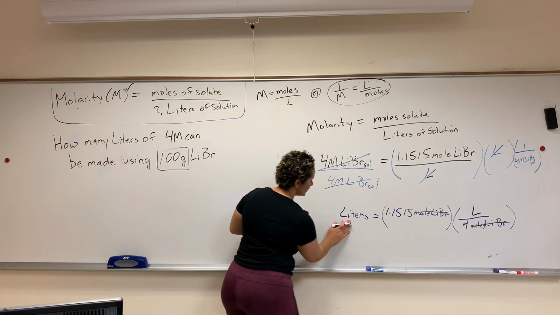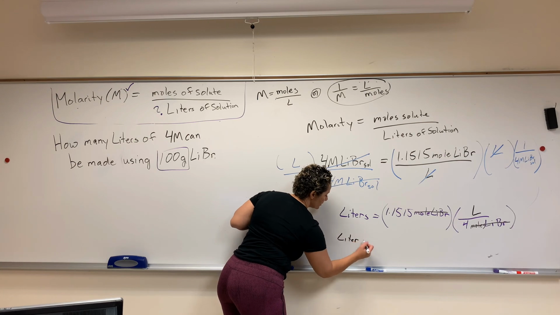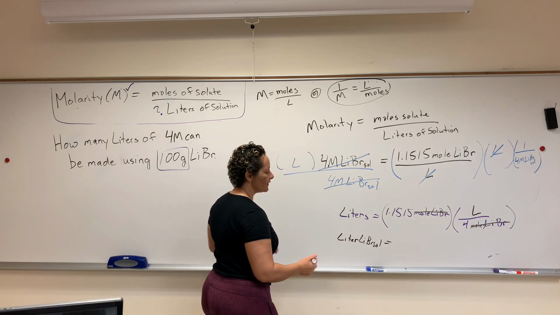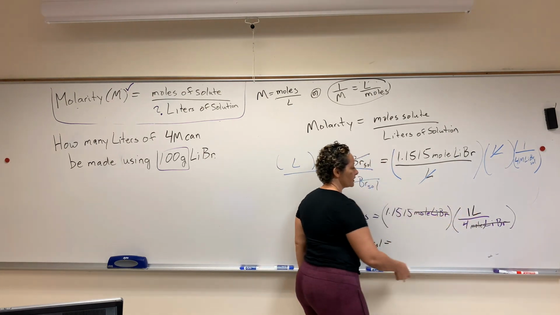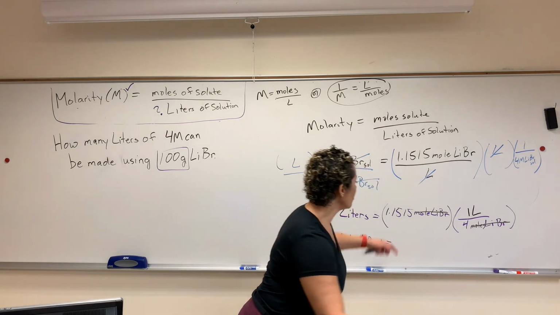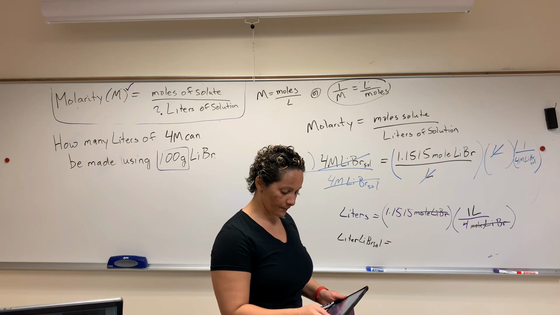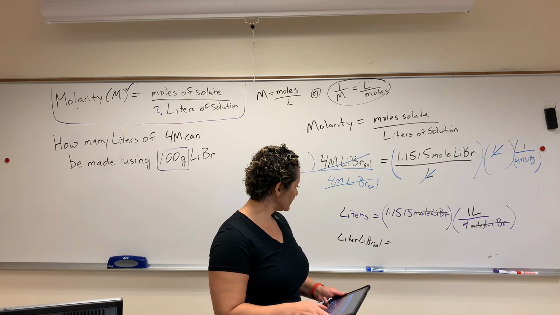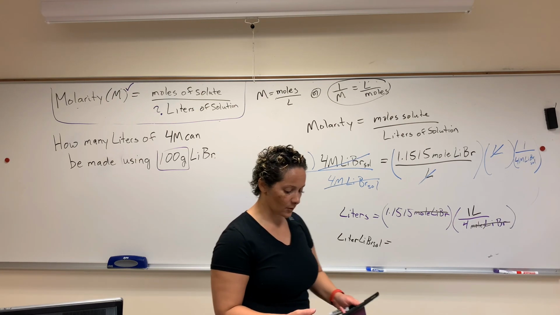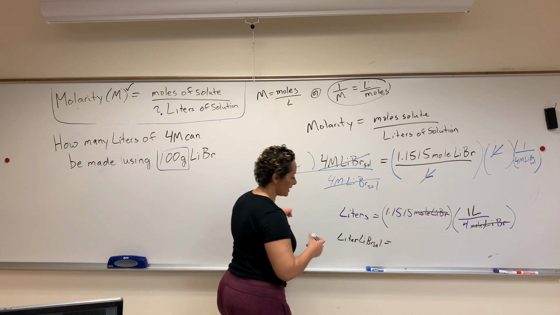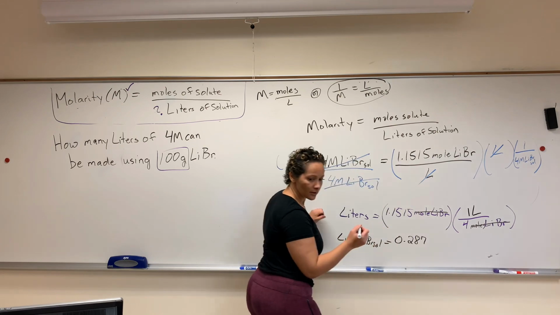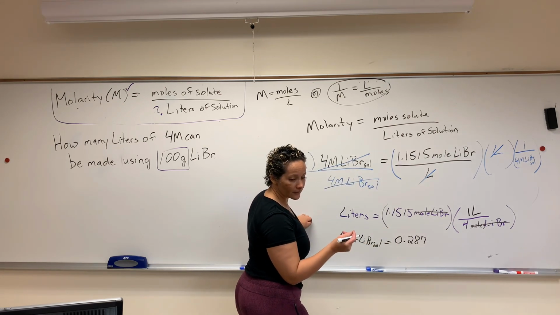So do your calculation. Liters of LiBr solution equals 1.15, and then, by the way, this is 1 liter divided by 4. So 1.1515 times 1 divided by 4 equals 0.2878, or 0.2875, I need to call that.